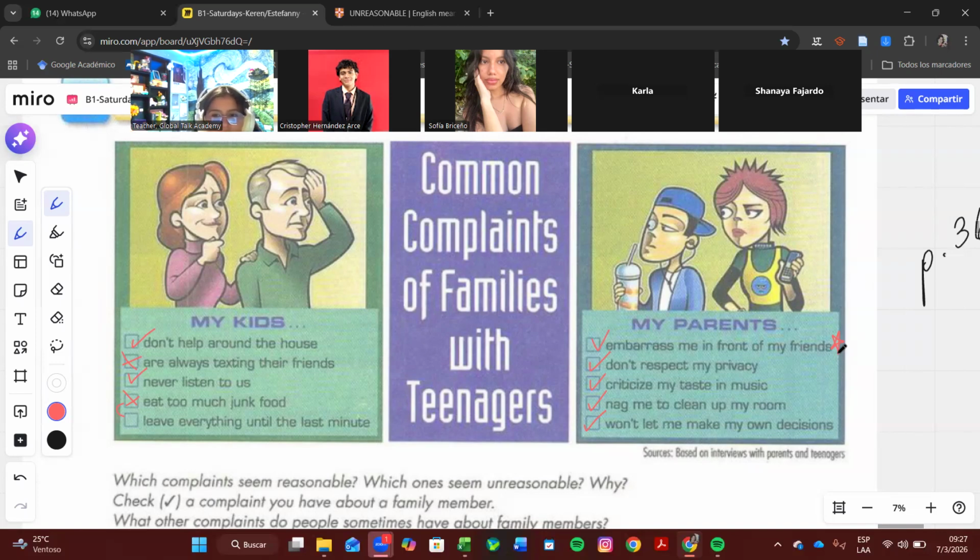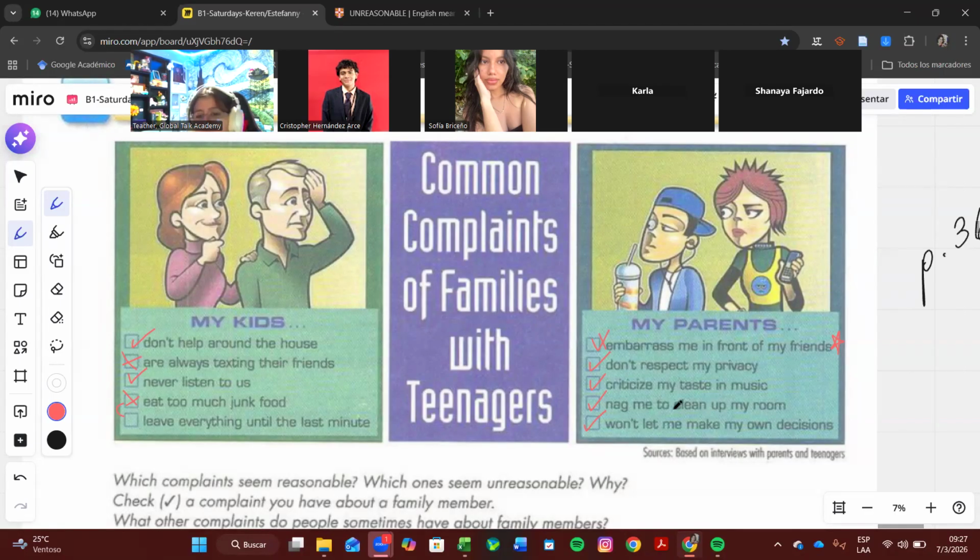So I don't think for me this is reasonable, right? I believe that they have to respect your privacy. I don't think they have to criticize your taste in music because it's your decision, it's your likes, it's your dislikes, right? So I don't think they have to do it.